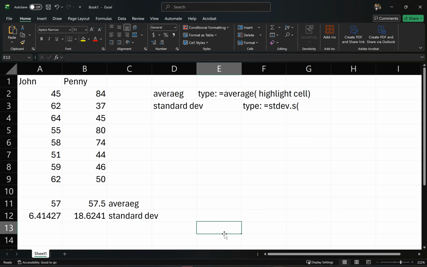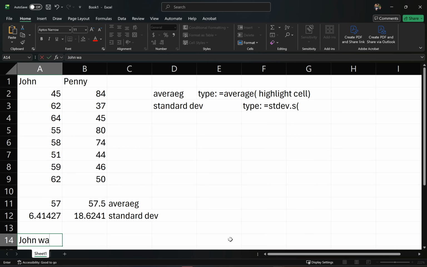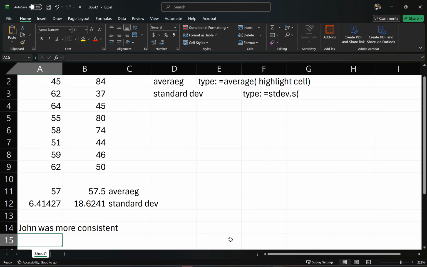So if you think about that, what is the range compared between the two? This is where students may not understand what standard deviation means. It just means John was more consistent, whereas Penny had more variation. So some days, Penny could do really bad because of that big standard deviation. That's what standard deviation means, because Connor said it was the distance away from your mean.